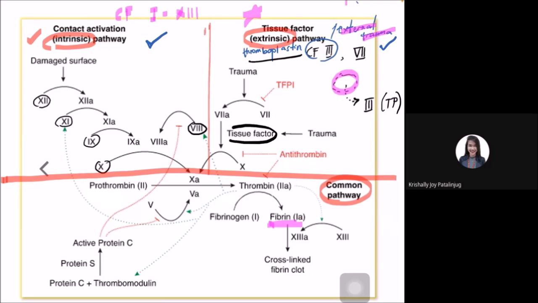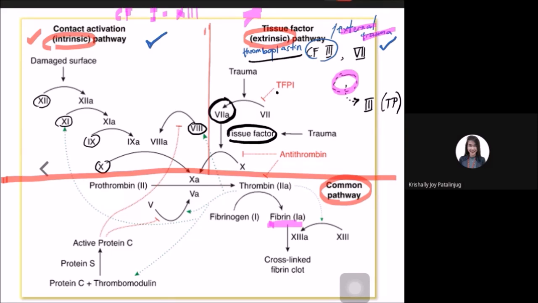Now, what happens when clotting factor 3 is released from trauma? One of the roles of tissue factor is that it causes activation of factor 7. It is also important to activate clotting factor 7.